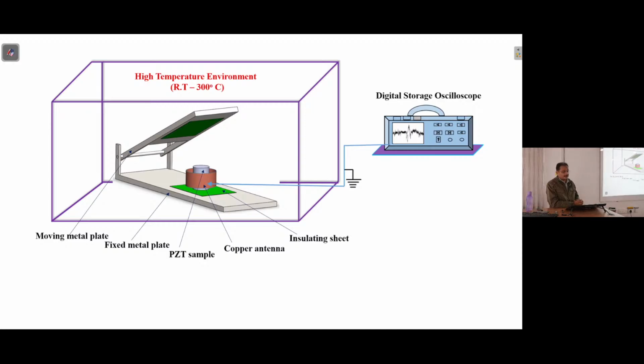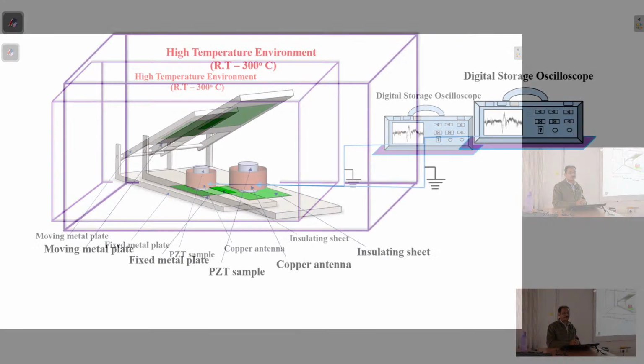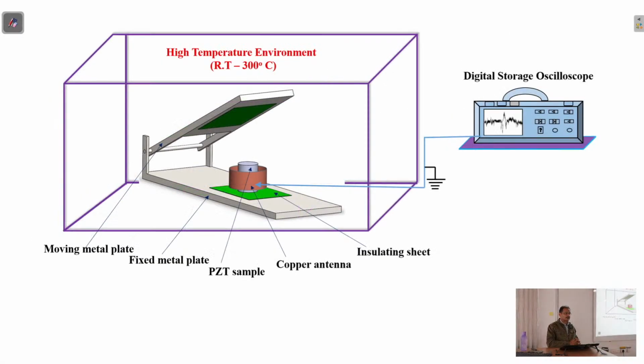Next is the effect of different environmental conditions. Suppose the material continues to perform the same when higher temperature applications are considered, or low temperature conditions. This one is for higher temperature.